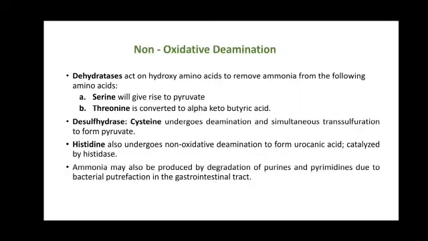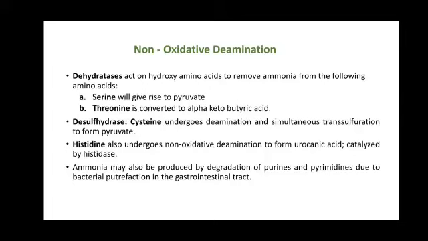So when it comes to non-oxidative deamination, dehydratases are the enzymes which act on hydroxy amino acids to remove ammonia, as serine will give rise to pyruvate, whereas threonine gets converted to alpha ketobutyric acid.